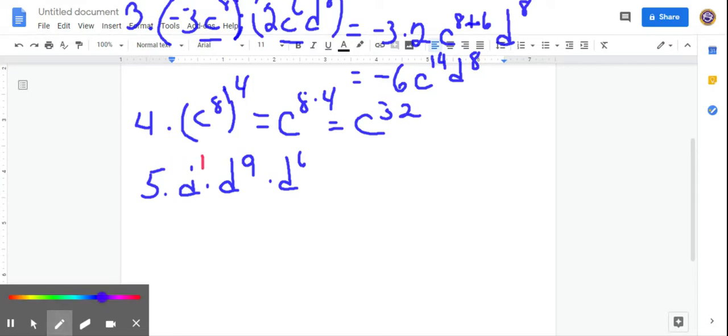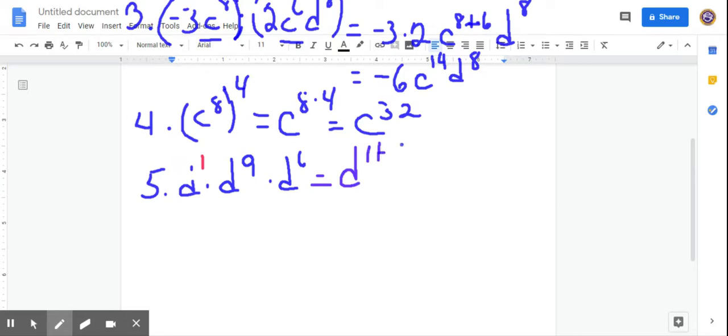Okay, that d has a 1 on it. So when you go to add, you need to make sure you include that. So you keep the base and you add those exponents. So you get for an answer d to the 16th power.